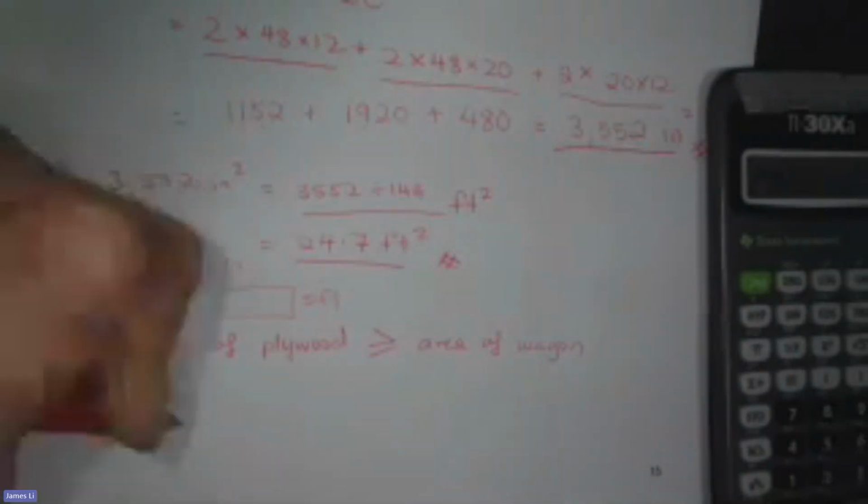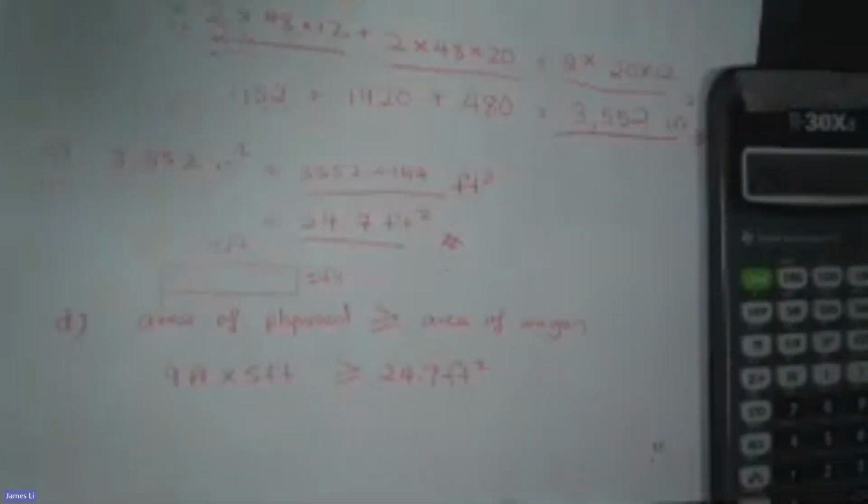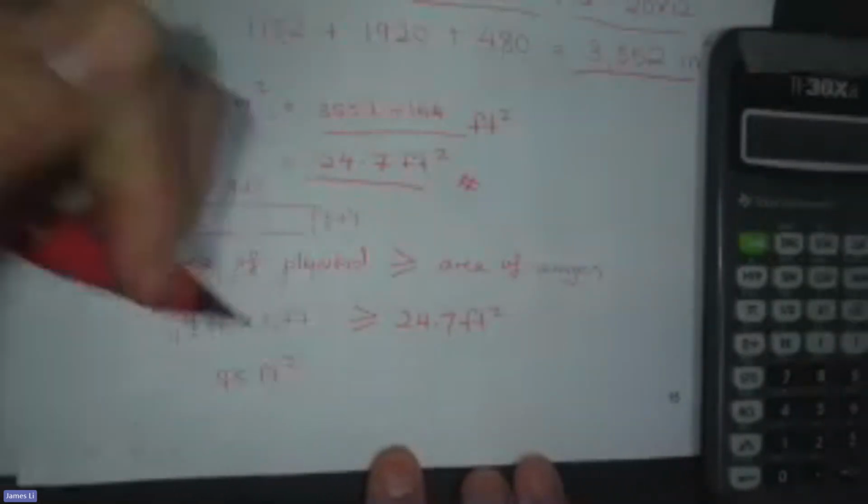Now, what do you know about your plywood? You know that it's 5 feet by 9 feet, right? So it is a rectangular plywood of 5 feet and 9 feet. To calculate the area, it is simply 9 feet multiplied by 5 feet. Whatever you calculate, it has to be more than 24.7 square feet. 9 times 5, 45 square feet.